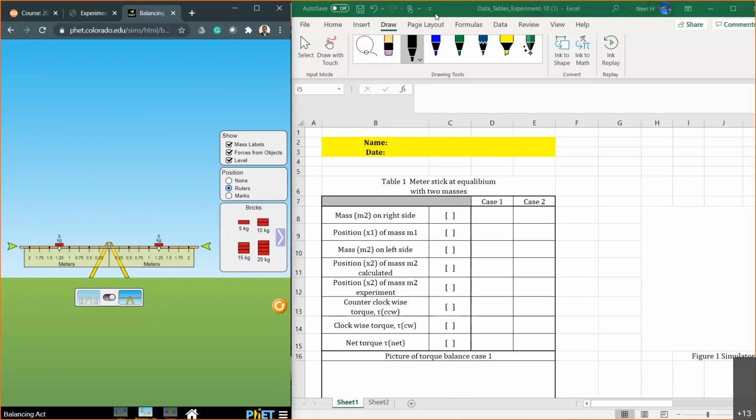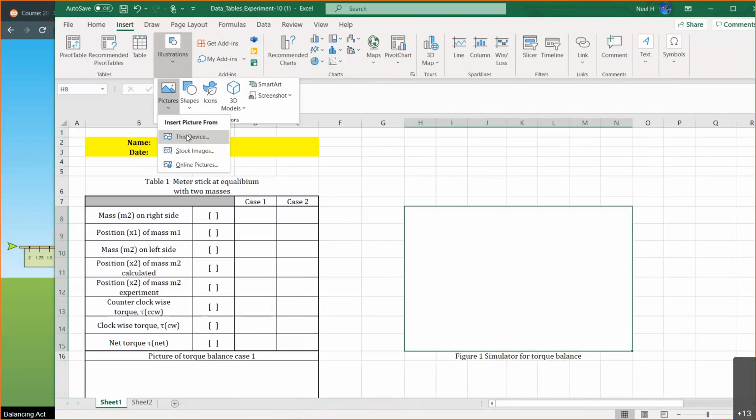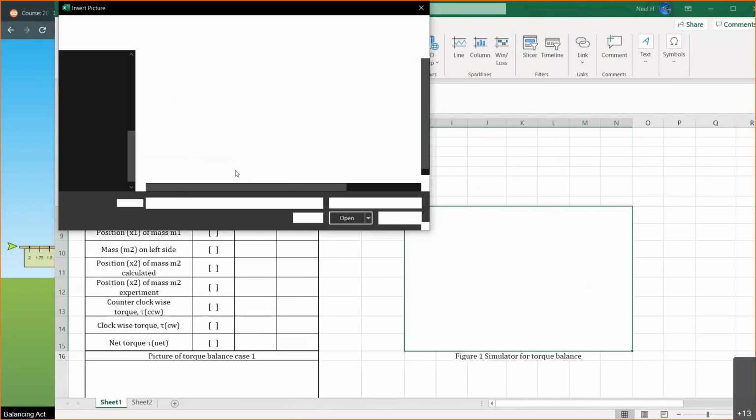You can take the simulator picture for the procedure section. You need only one picture for the procedure section, right? So you can take the simulator picture for that and attach it here, in this area. That picture should go to the procedure section.